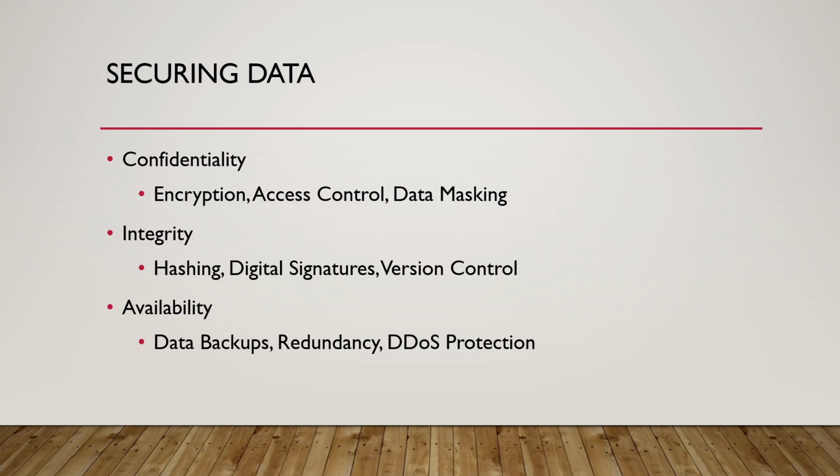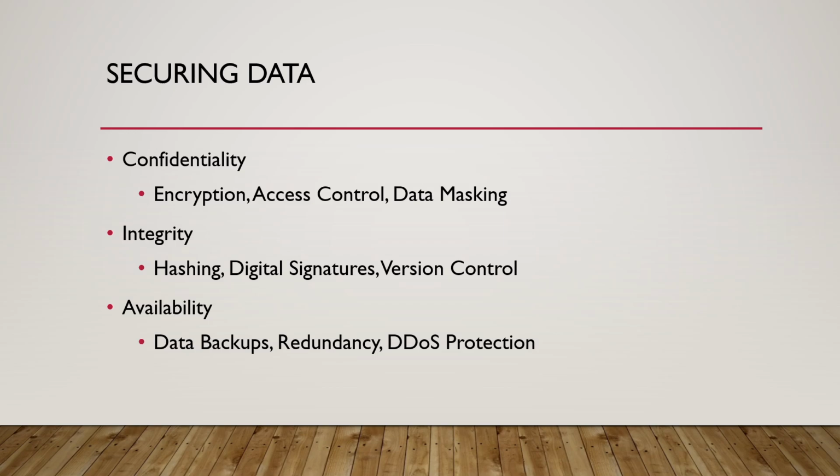When we move on to availability, again, availability is making sure that it's accessible by authorized users. We need to make sure that we have proper data backups. If something did happen, do we have proper backups in case we need to bring the data back to make it available to the authorized users? Do we have redundant systems and failover servers in case something crashes?